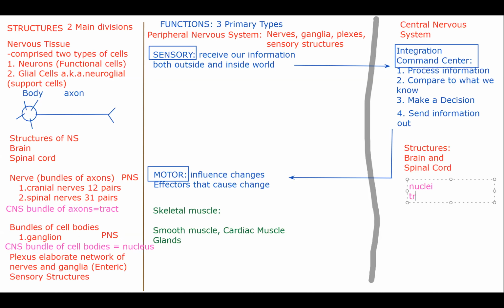It is going to have tracts. And there are two other important structures that are found in our brain and spinal cord as well, our gray matter and our white matter. Gray matter is comprised of neuron bodies, and our white matter is made of axons. So these are the structures that form our functional divisions of the nervous system.